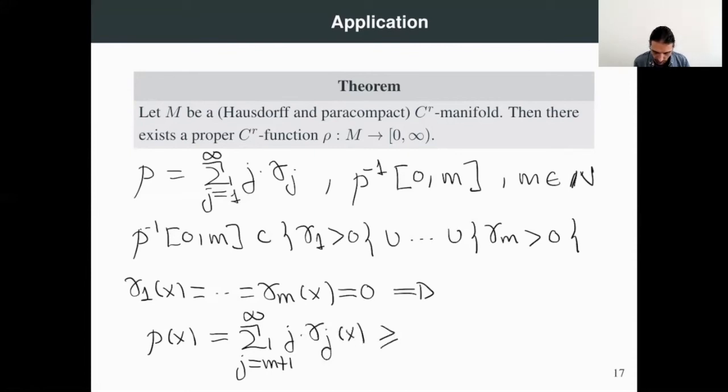This is going to be greater or equal than m plus 1 times the sum from j equal m plus 1 to infinity of gamma j of x.